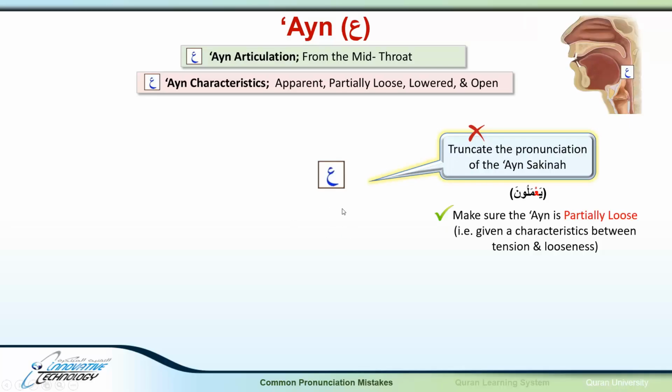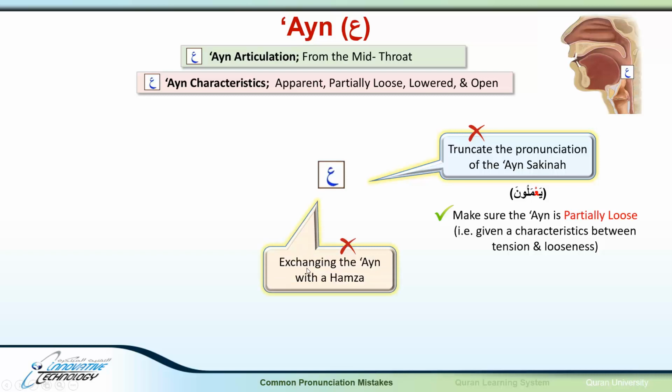Second common mistake for the Ain is exchanging the Ain with a Hamza. So it's close to this in a way. Let's listen to the example which will clarify it: والله يعلم وأنتم لا تعلمون. So it's almost the same.